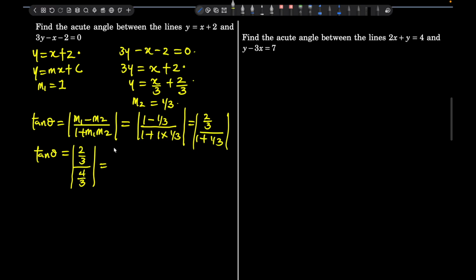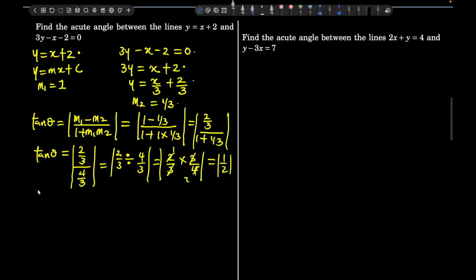Now this is equal to 2 over 3 divided by 4 over 3. So I get 2 over 3 times 3 over 4. In the end we have 2 over 4, which is 1 over 2. Okay, so we have 1 over 2 absolute value.